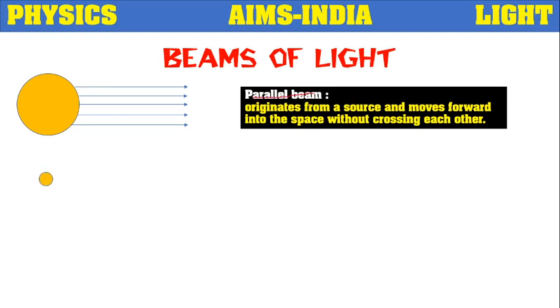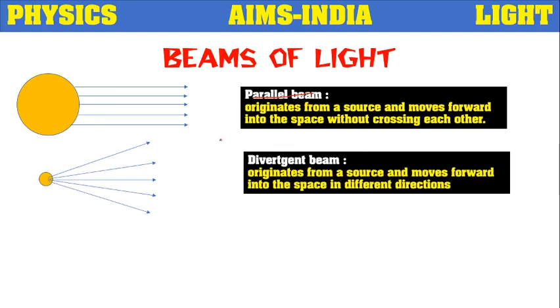Next, from another light source, we are getting rays of light, but how are they traveling? They all originate from the same source, but they move into space in different directions. Then it is considered a divergent beam.